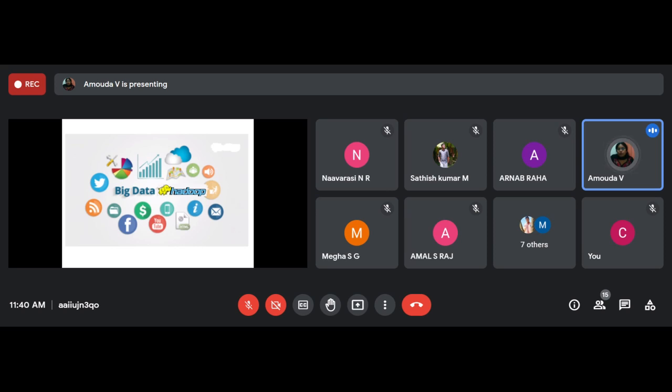So basically, data is available. Initially, we were able to process the data and store the data, because the data was produced and generated in a way that the growth of the data was not as fast as it is today. So we were able to do it slowly.